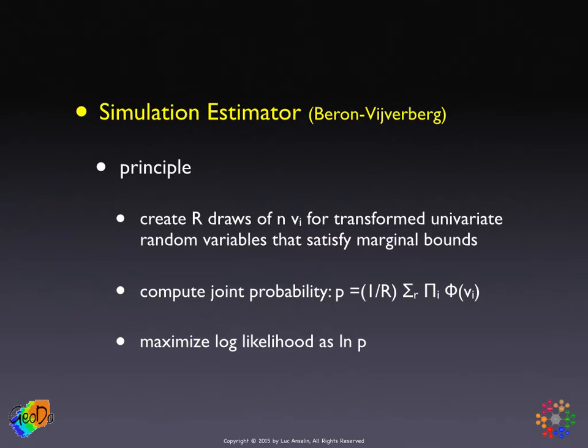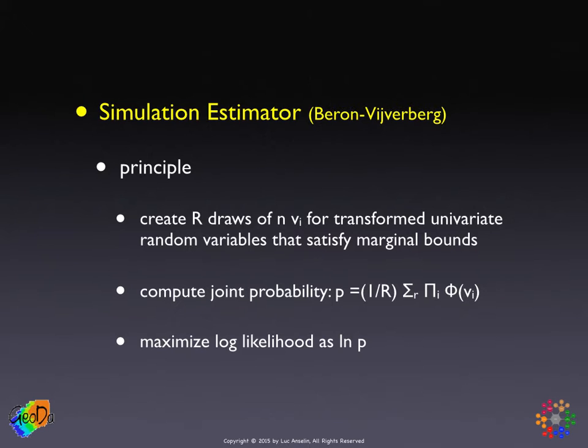So two important principles. One is that we transform the dependent random variables into a series of independent univariate random variables. The second one is that we simulate the joint probability, and then use the average of many simulations as a value in a numerical optimization routine that maximizes for the parameters.